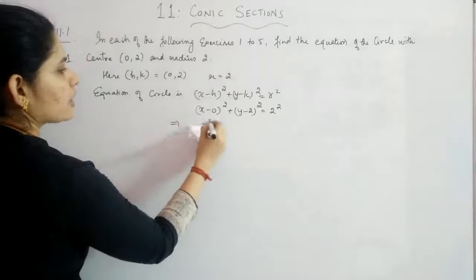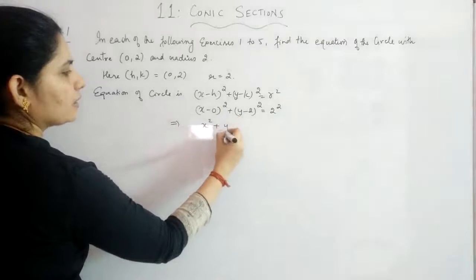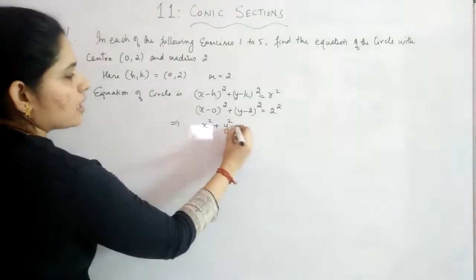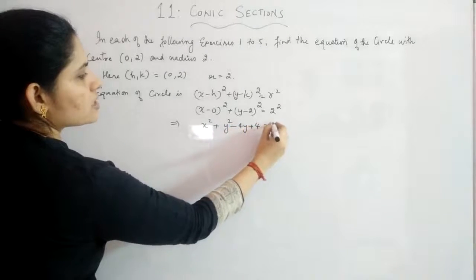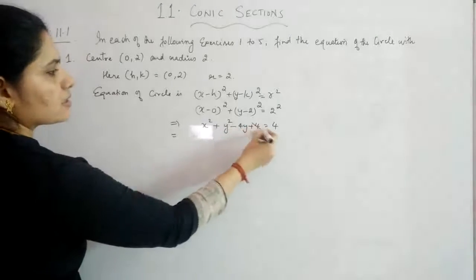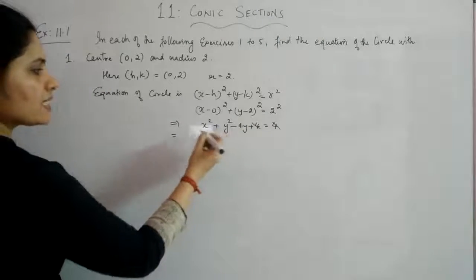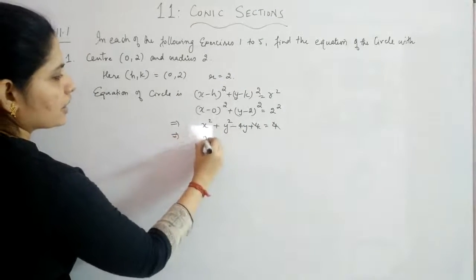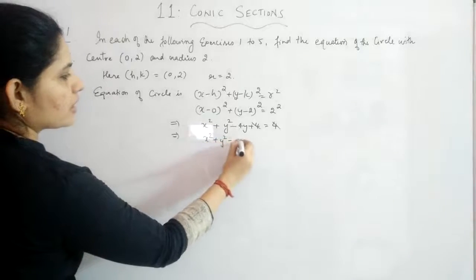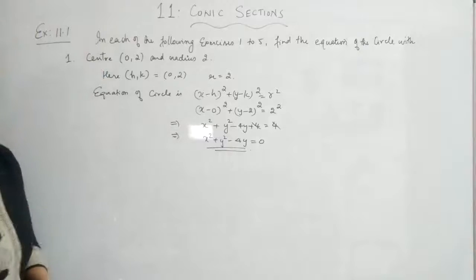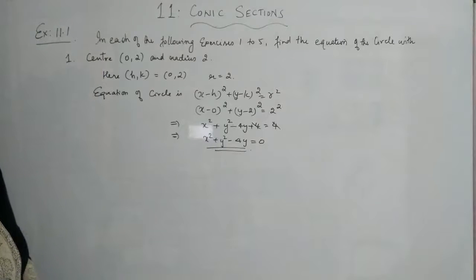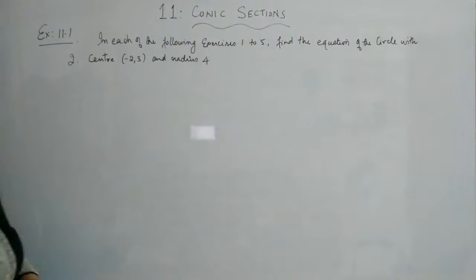That is, x square plus, expanding, y square minus 4y plus 4 is equal to 4. You can cancel these two, both are on opposite sides with the same sign. So you will get x square plus y square minus 4y is equal to 0. This is your equation of the circle with center (0, 2) and radius 2.